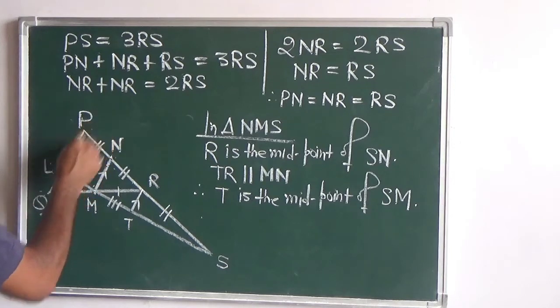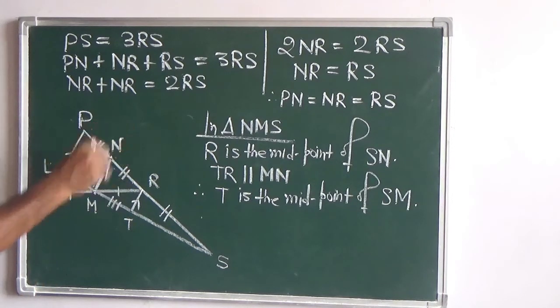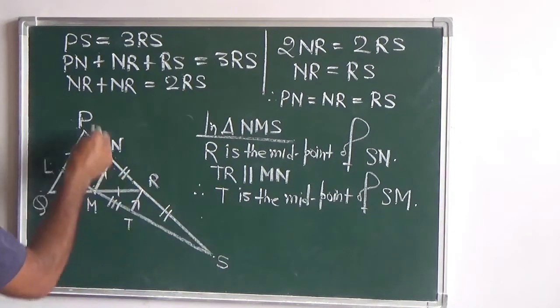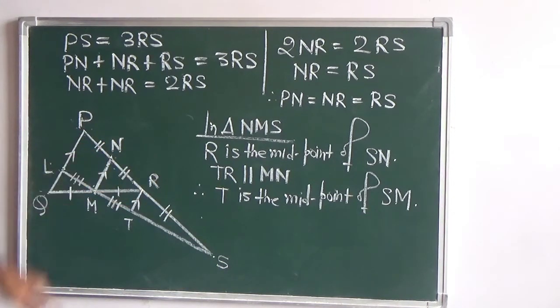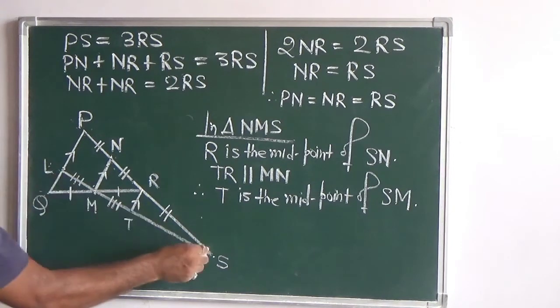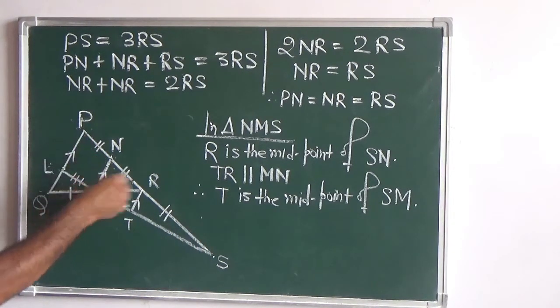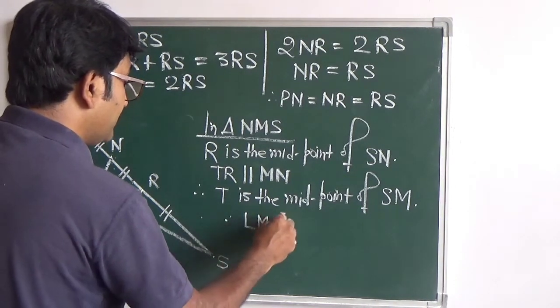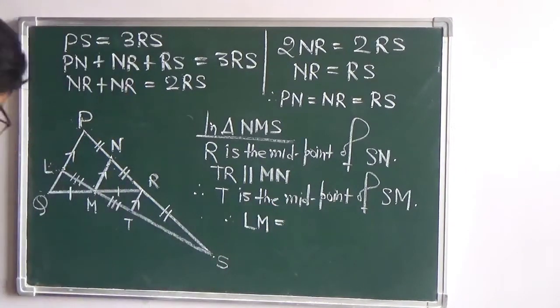I'm talking about these three parallel lines PQ, MN and TR, and PN equals NR. That means the intercepts made by the transversal PS on these three parallel lines are equal. So any other transversal will also cut off equal intercepts. That means LS will also cut off equal intercepts on these three parallel lines. That means LM equals MT.